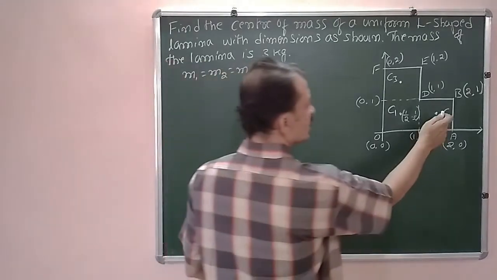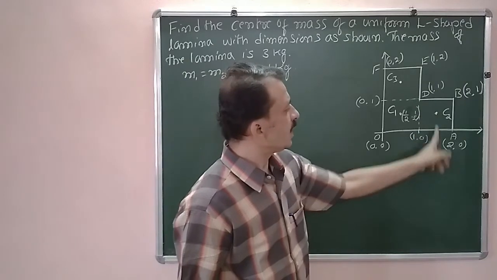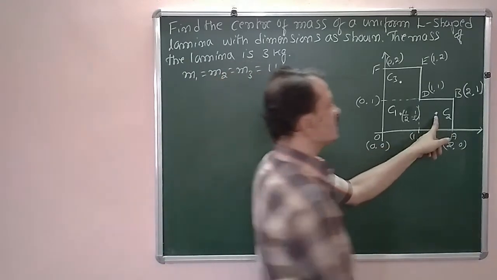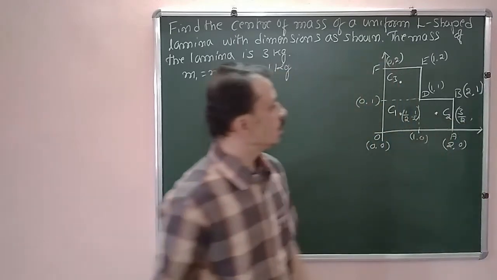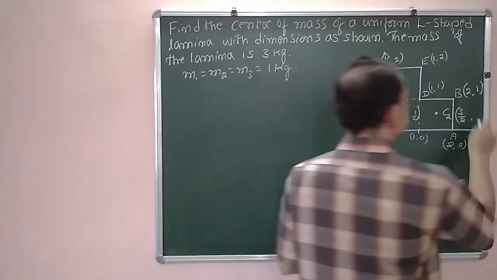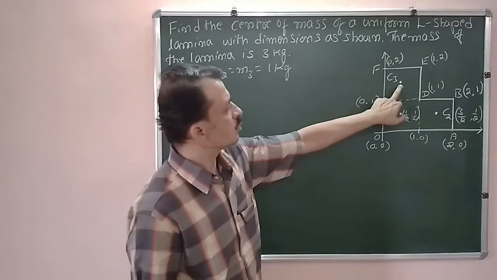Now what are the coordinates of this one? This is 1 and a half, therefore the x coordinate is 3 by 2. What about the y-coordinate? It is half. Similarly, what are the coordinates of this one?